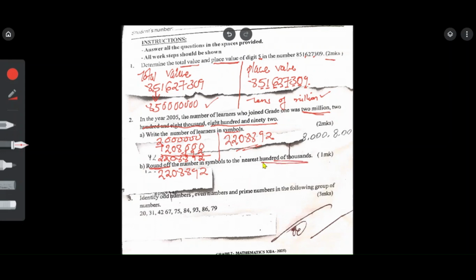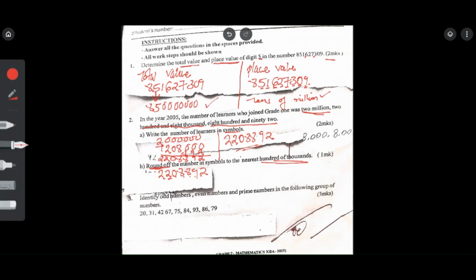So first of all I identify where the hundred of thousand is. The same way we read place value, I'll begin: this one is ones, we have tens, we have hundreds, we have thousands, we have tens of thousand, we have hundred of thousand. So hundred of thousand lies here.